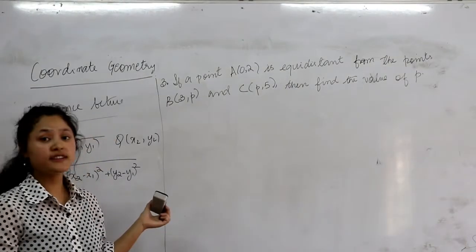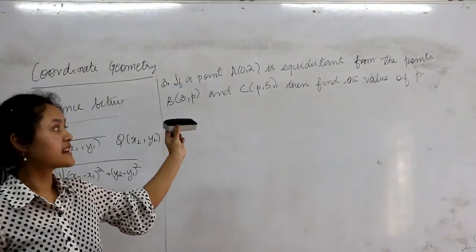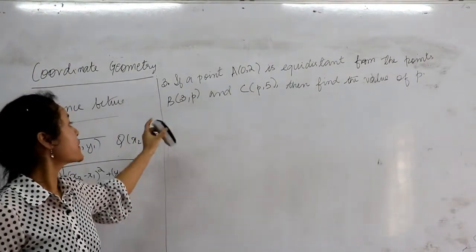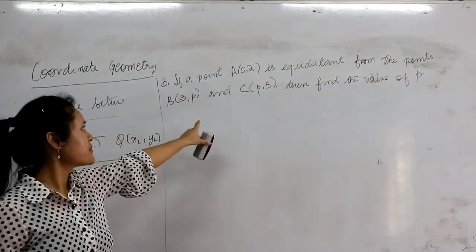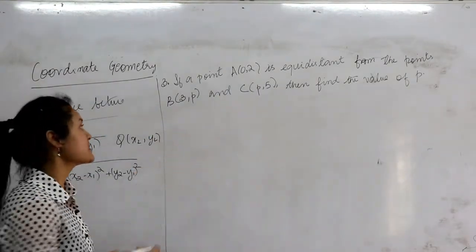So this is the question. If a point A is equidistant from the points B and C, then we have to find the value of P. What do you mean by A is equidistant from these points? Okay.